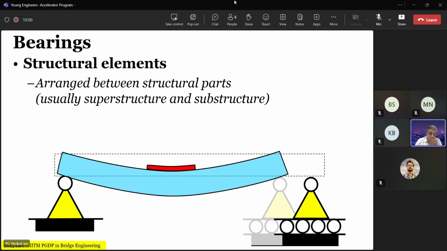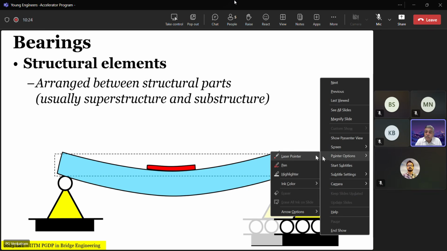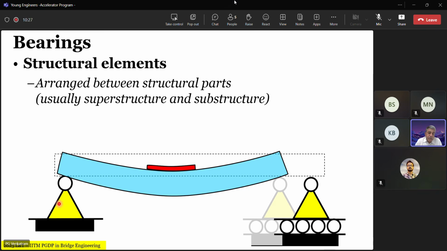Now, bearings are generally arranged between the structural parts, superstructure and substructure. Conceptually, consider a simply supported beam, which we normally represent in our sketch with a pinned joint and a roller joint. Under the action of the load, the roller moves forward and backward, and also rotates.